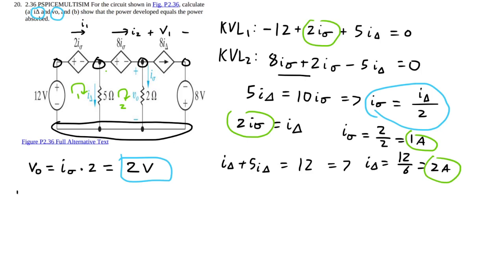So I'm going to do KCL at this node right here. I'm going to call these nodes 1, 2, 3, 4. So if I do KCL at node 2, we have I1 going in, and we have I delta going out, and I2 going out.